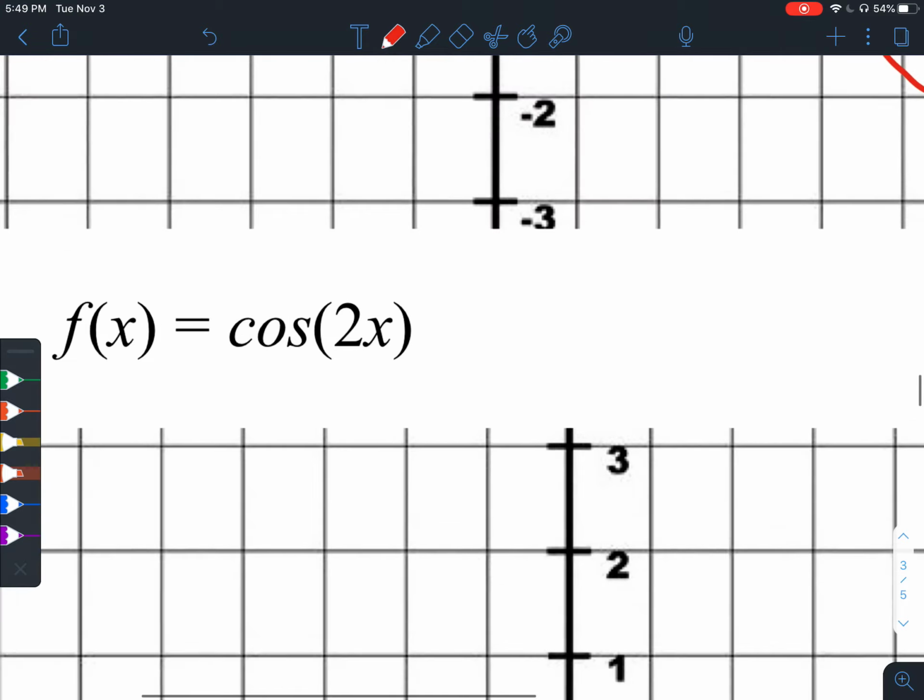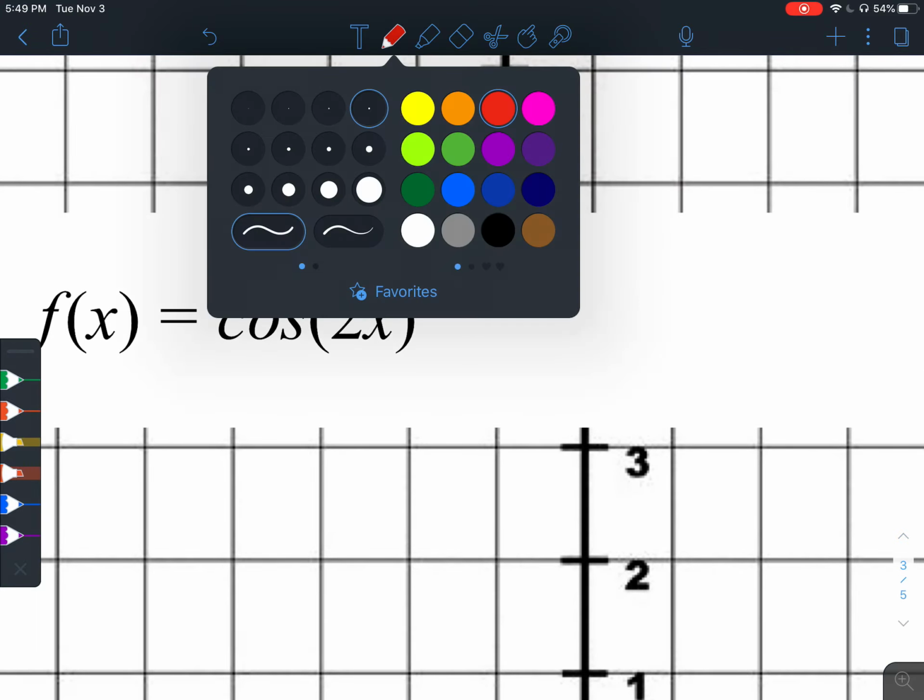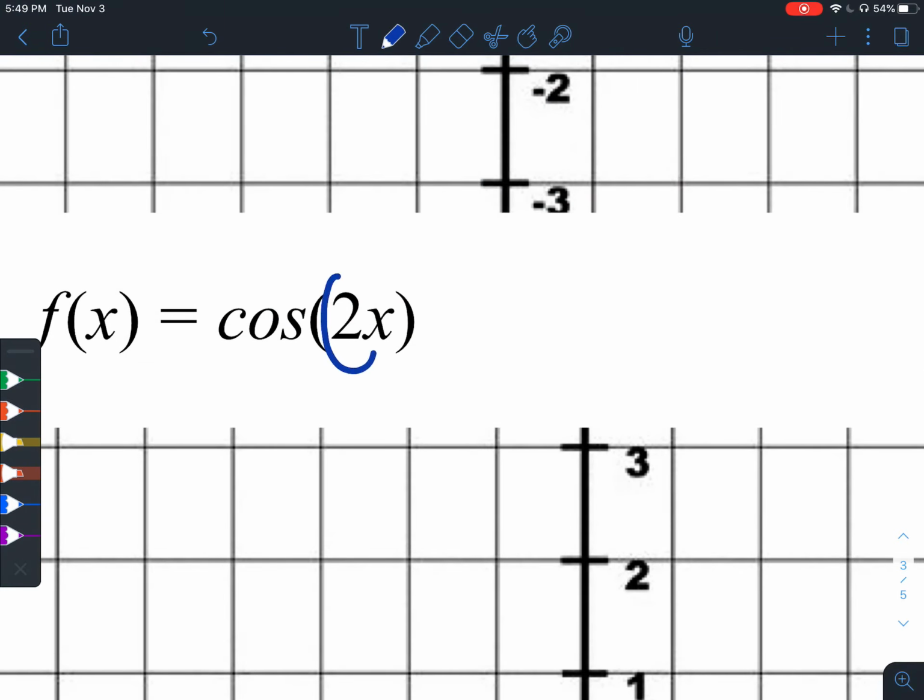So this right here, what this is saying is that our period is moving 2 times as fast.